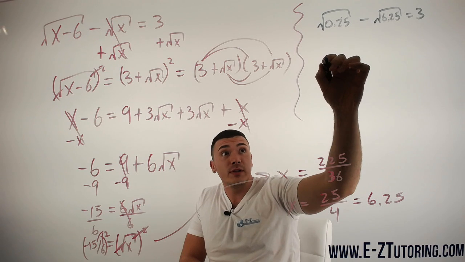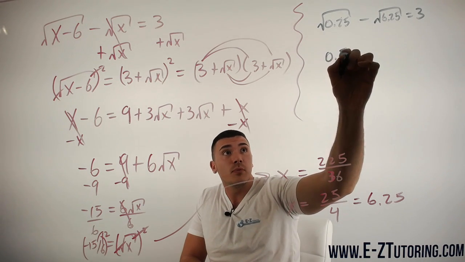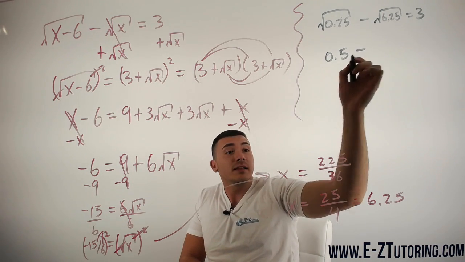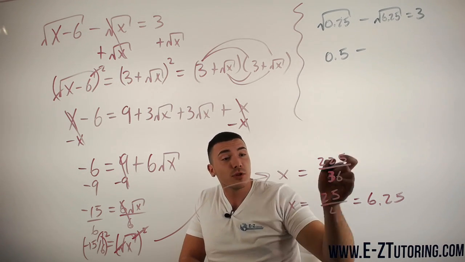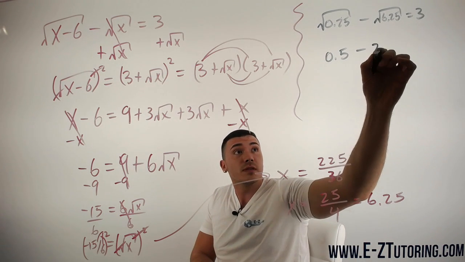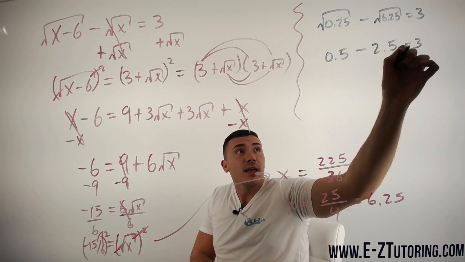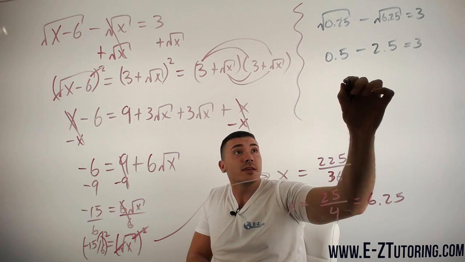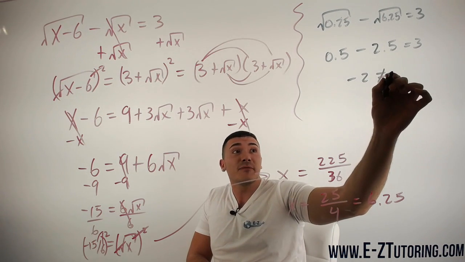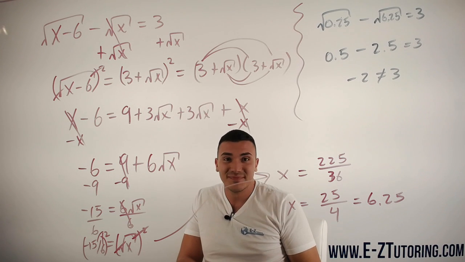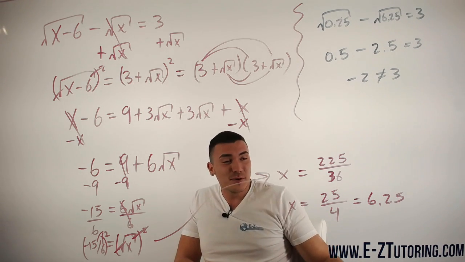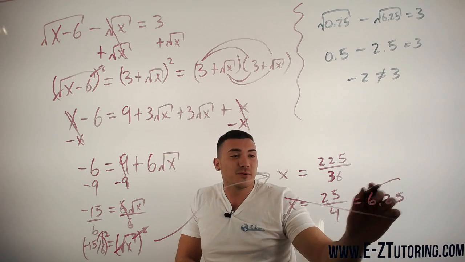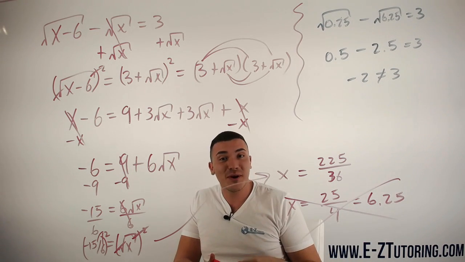Square root of 0.25 is 0.5 minus the square root of 6.25 is just square root of this over square root of this, which is 5 over 2, which is 2.5. And you can see that this gives us -2, which is definitely not equal to 3. So just like that, you can tell whether or not it is a solution. In this case, this x is not a solution, which means we have no solution to this problem.